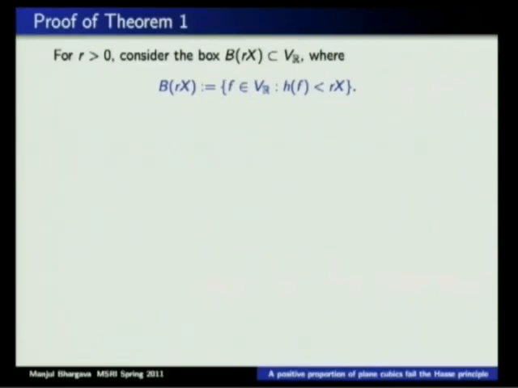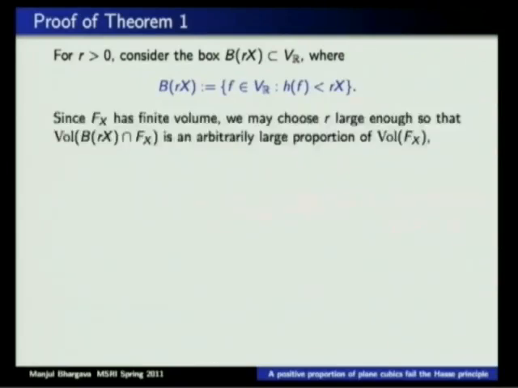So for R bigger than 0, if you consider the box B of Rx, where R is a parameter, which consists of all ternary cubic forms having height less than Rx, then if you choose R large enough, you can make the volume of the fundamental domain intersected with that large box an arbitrarily large proportion of the volume of the fundamental domain.